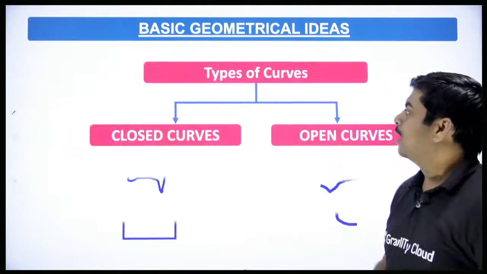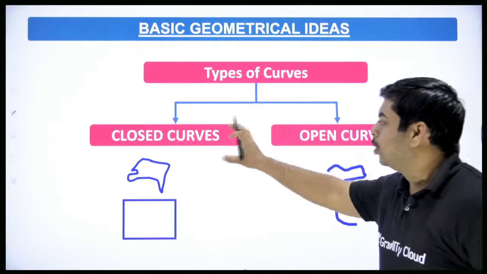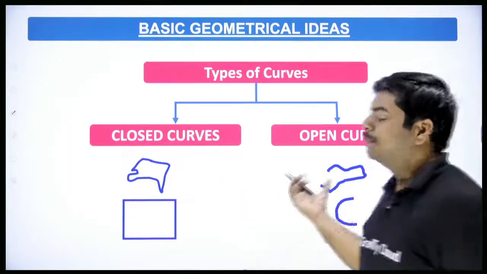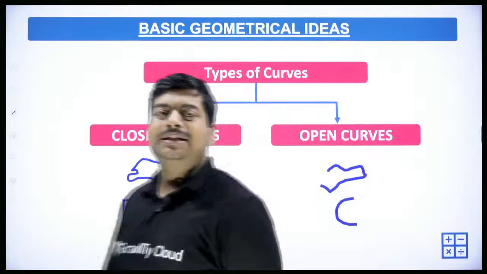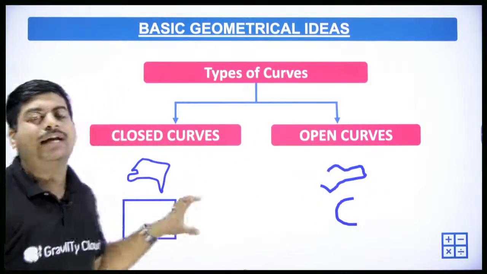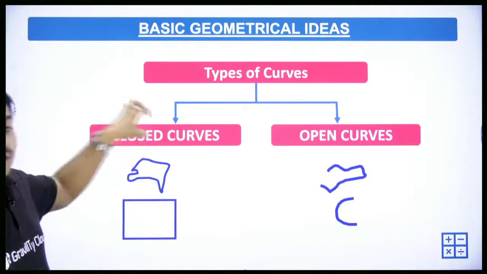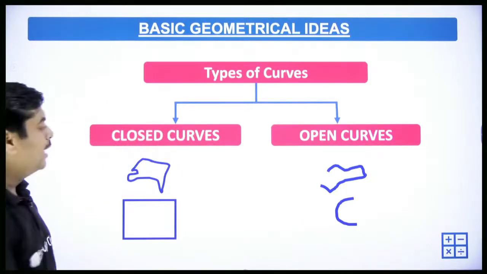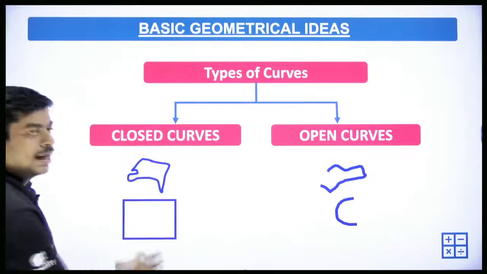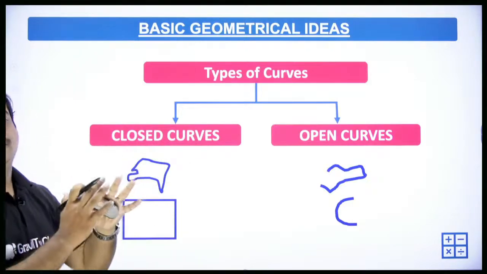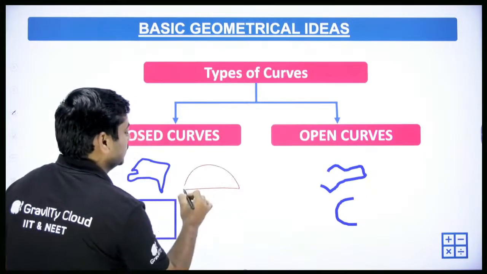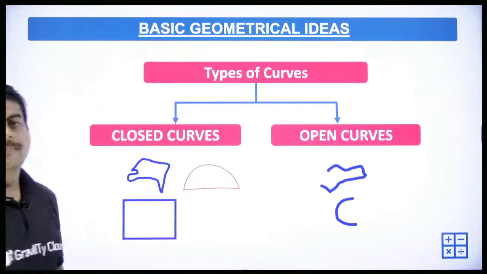Now, the types of curves: we have closed curves and open curves. What do we mean by closed and what do we mean by open? You can easily see using these diagrams. For closed curves, you can join in any way. You can take a smooth curve or straight lines, but you need to close the figure. You can take a straight line and a curve like this, and it is also a closed curve.